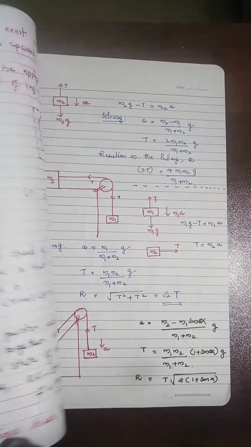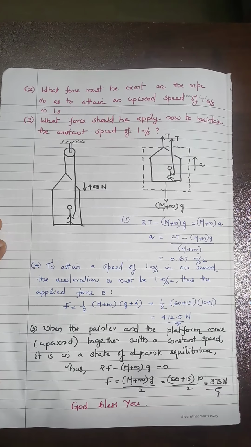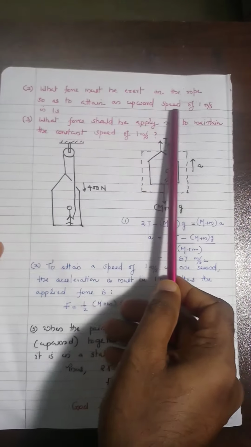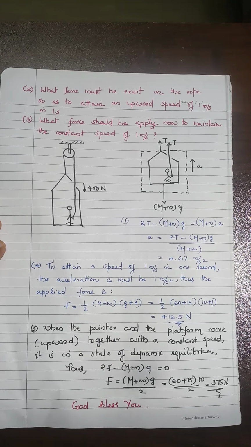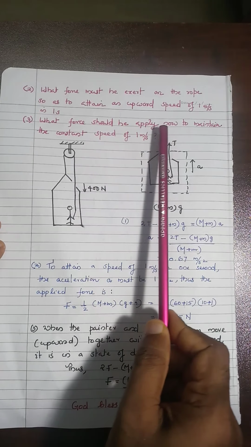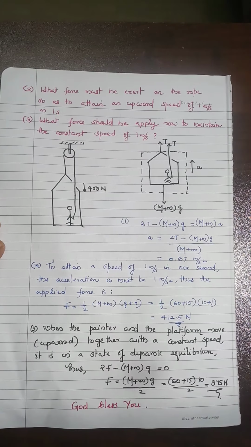Again, two questions are waiting. What force must he exert on the rope so as to attain an upward speed of 1 meter per second in 1 second? What force should he apply now to maintain the constant speed of 1 meter per second?